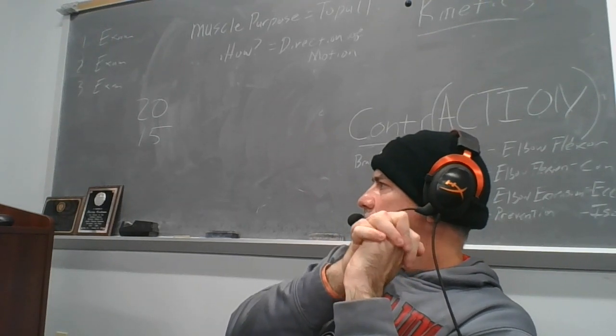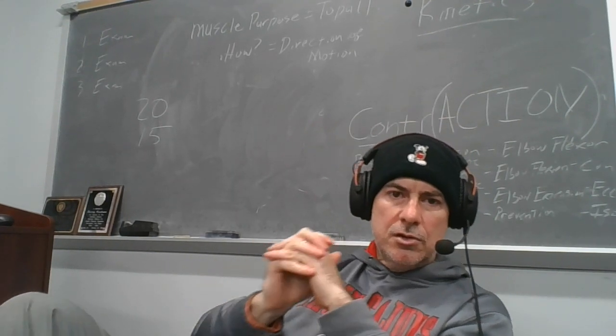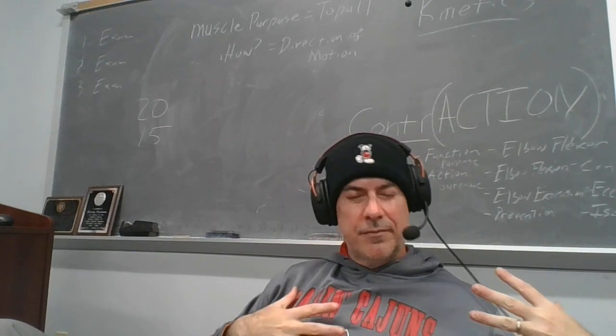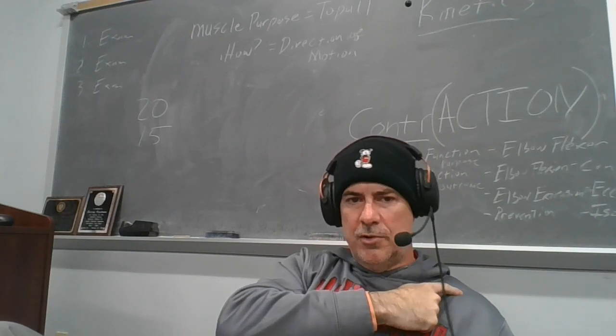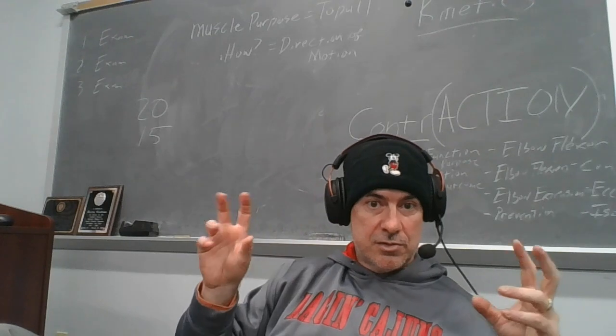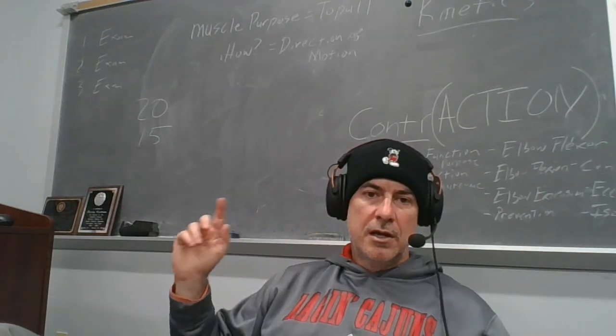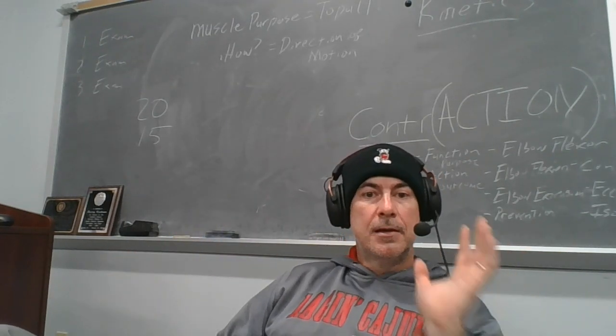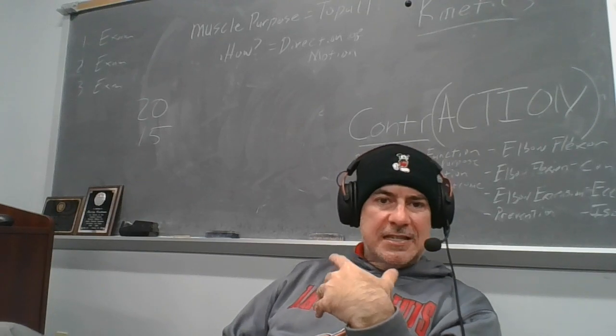Shoulder girdle, emphasis on shoulder joint. So remember, the shoulder girdle is all of the different things: sternoclavicular, acromioclavicular, glenohumeral, that's what the shoulder joint proper is, and scapulothoracic. When we talk about scapular motion, it's kind of taking everything into account.